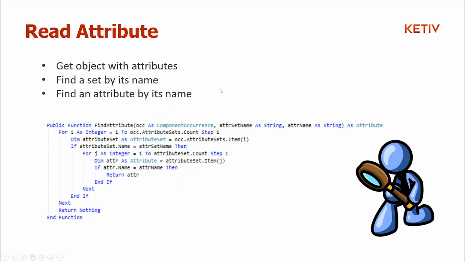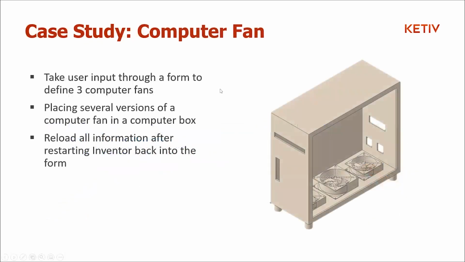Okay, let's go ahead and jump on into the case study. So if you were with us last week when we went over the computer fan, we had a very basic bunch of parts, 3 parts that had parameters on them that we turned into 3 different classes that represent class objects that represented those parts, and then a computer fan class object that represented the assembly.